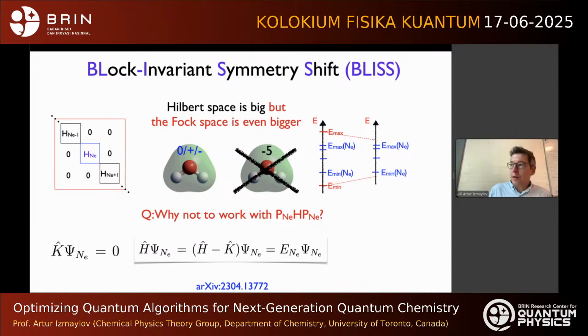With these killer operators, that modification will not change the action of the Hamiltonian on the states of the right number of electrons, but it will change the action of the Hamiltonian on the wrong number of electrons. So that's the idea. And this is how we build these killers in a very simple manner. We have some free operator multiplied by the number of electrons operator minus the constant corresponding to the right number of electrons, right meaning what we're interested in.